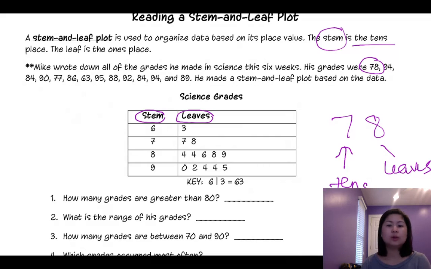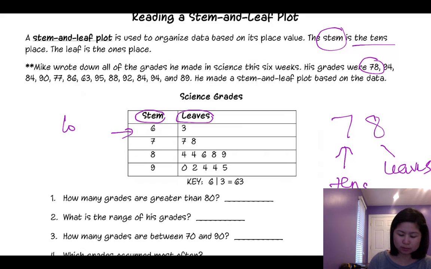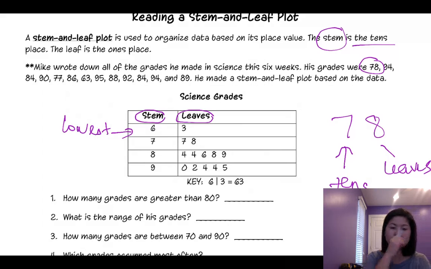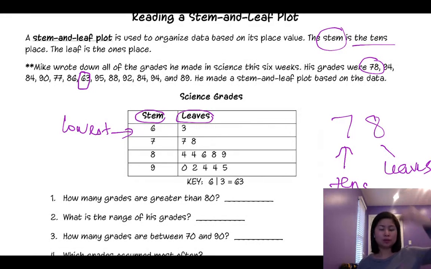Okay. So when you write that out, we're going to start with the lowest value. When we make a chart, we always start with the lowest value. So I'm looking at the list that he gave to us. The lowest value is 63. That tells me the first stem, the tens, is going to be 6, because that's in the 60s, 60 up to 69.